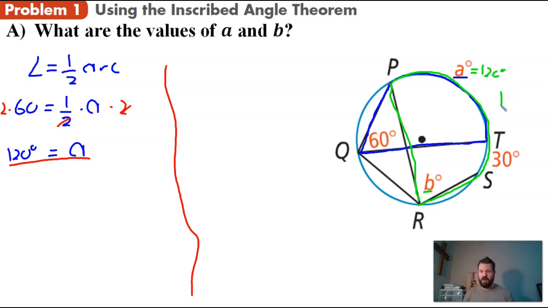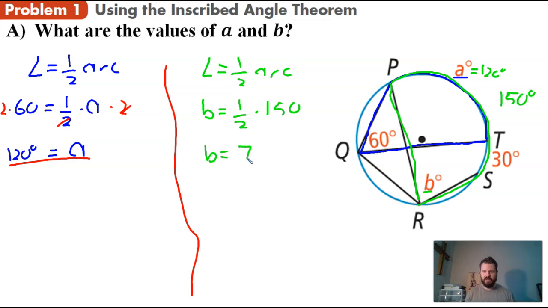So that's going to be an arc of 150 degrees from P to S. Same formula then, angle equals half the arc. My angle B equals half of the arc, which is 150. Half of 150 is 75, so B is 75 degrees. So that's how you can use that theorem, angle equals half the arc, to solve for both arc measures and angles.